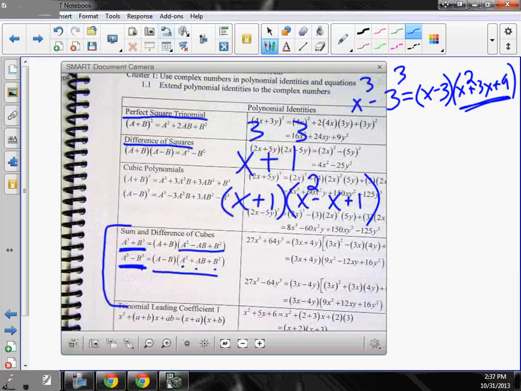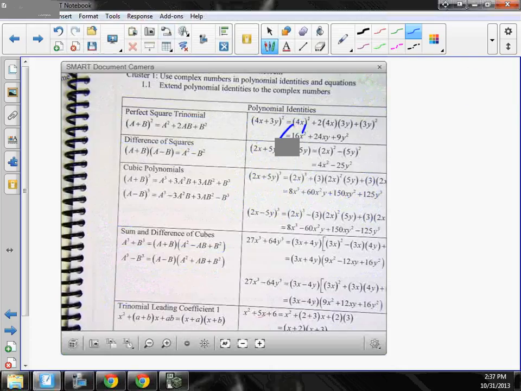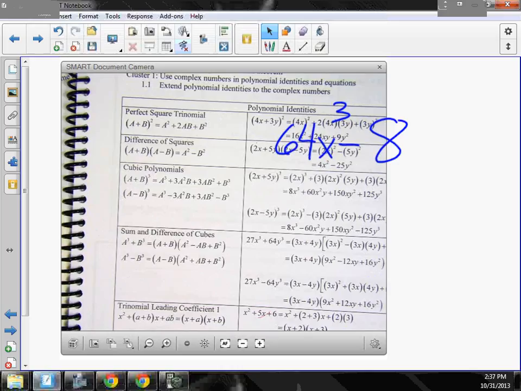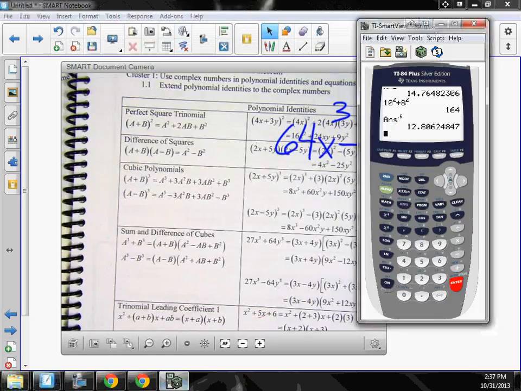And they do get a little bit harder. What if I had 64x to the third minus 8? What to the third power is 64? Well, if you don't know, you can always just test it in your calculator. Push math, and then go to number 4.